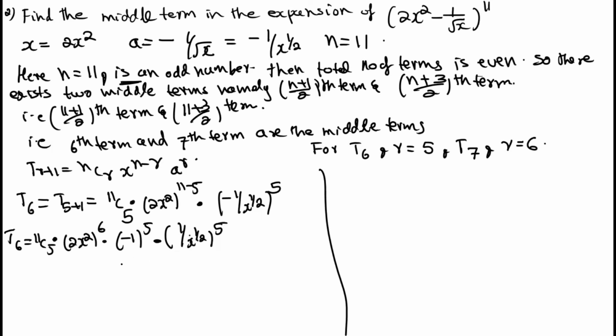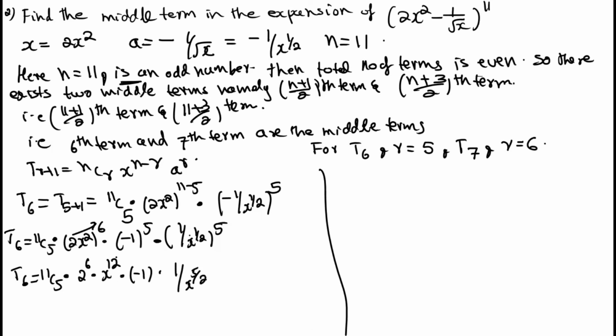Okay, in the next step, T6 is equal to 11C5 into 2^6 into x^12, right? 2^6 into x^(6×2), it is equal to x^12, into (-1)^5, whose value is equal to minus 1. Okay, here I'll write minus 1, later I'll take it outside. Okay, then see here, write 1 by x^(5/2).